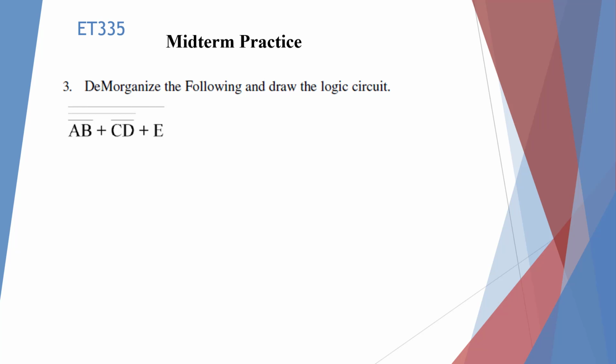Okay, let's De Morganize this circuit. So the first thing I would do is change this sign to multiplication, break our bar, and that means these two are going to cancel out. So we're going to have A, B, C, D plus E, and we could break that again.